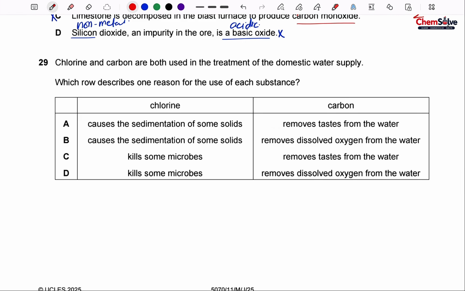29. Chlorine and carbon are both used in the treatment of the domestic water supply. Which row describes one reason for the use of these substances? Before looking at the options, it's our concept that chlorine is basically used to kill germs.